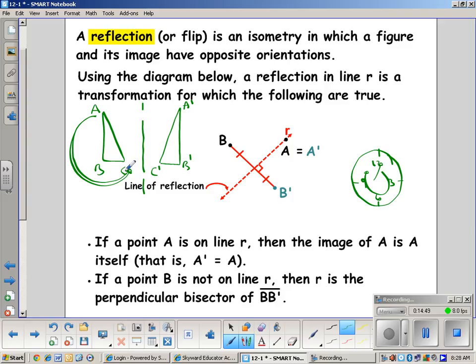So I read this as triangle ABC. This reflection maps that onto triangle A prime, B prime, C prime. And as I read A prime, B prime, C prime, it's clockwise, isn't it? So this one is counterclockwise, and this one is clockwise. So they have opposite orientations. Okay?